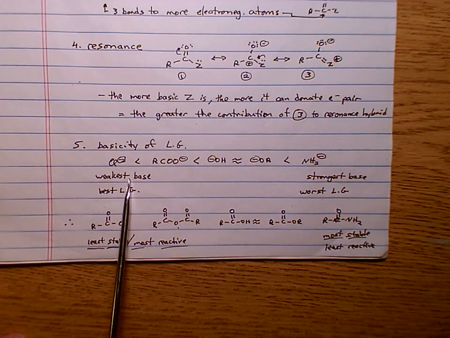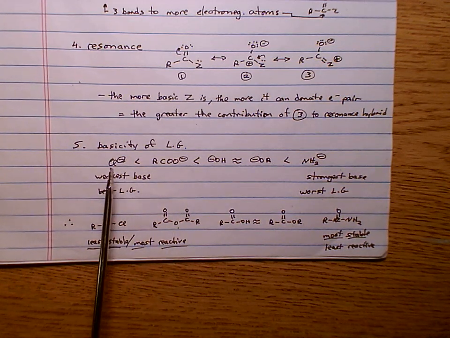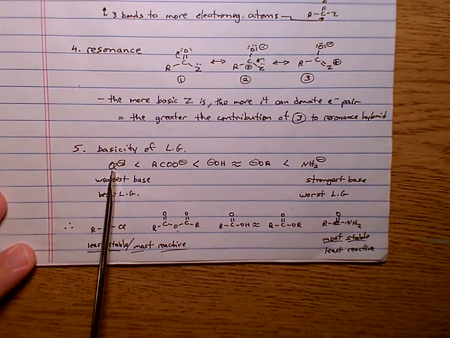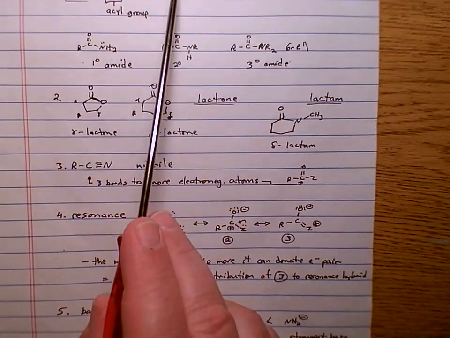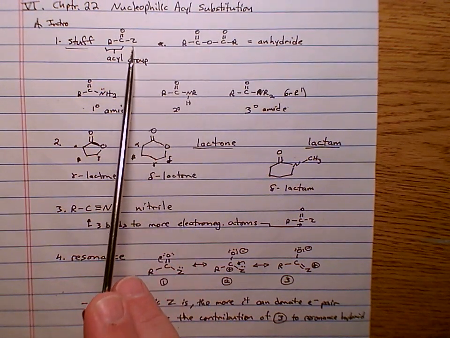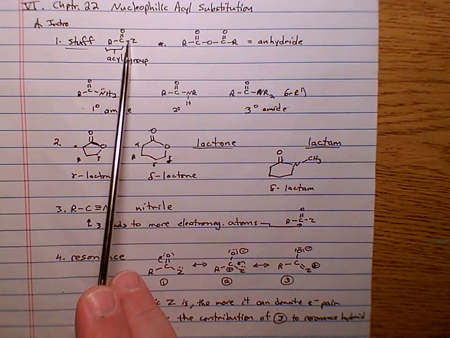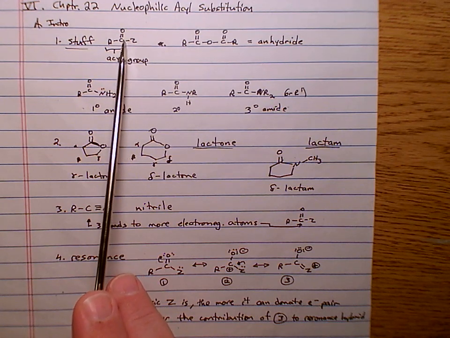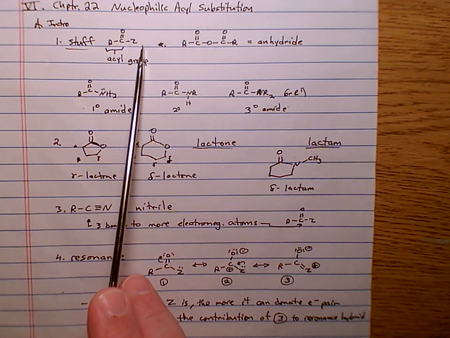The weakest base of our leaving groups would be chloride ion, because if you did the reaction and you have your acyl group here and you did our substitution, recall that Z is the leaving group, and it's going to leave carrying those 2 electrons with it, so it'll leave as Z minus.